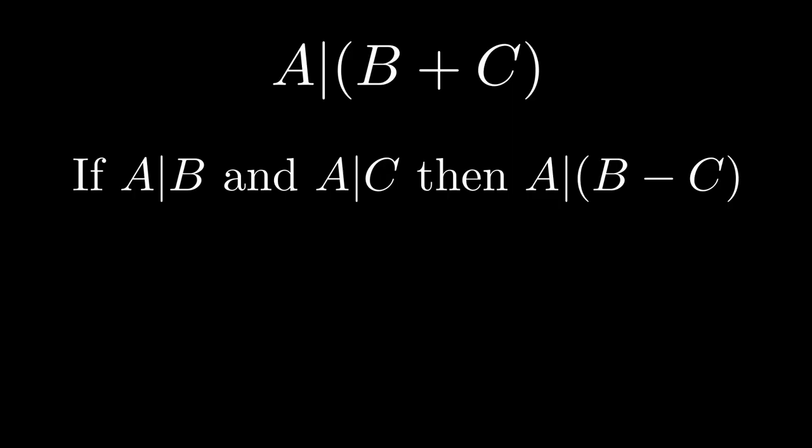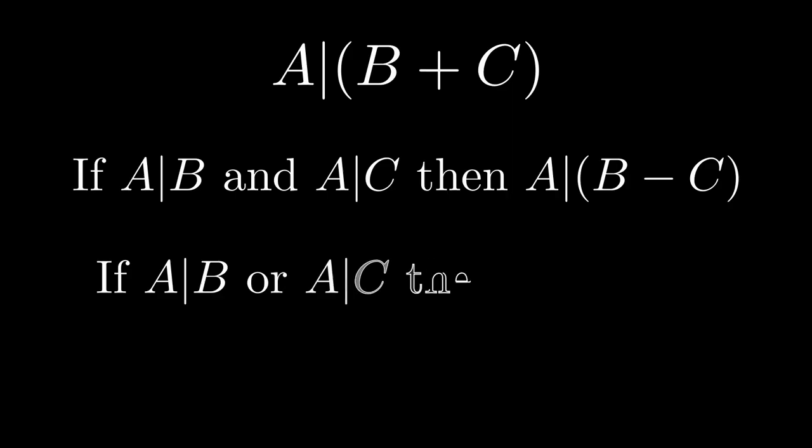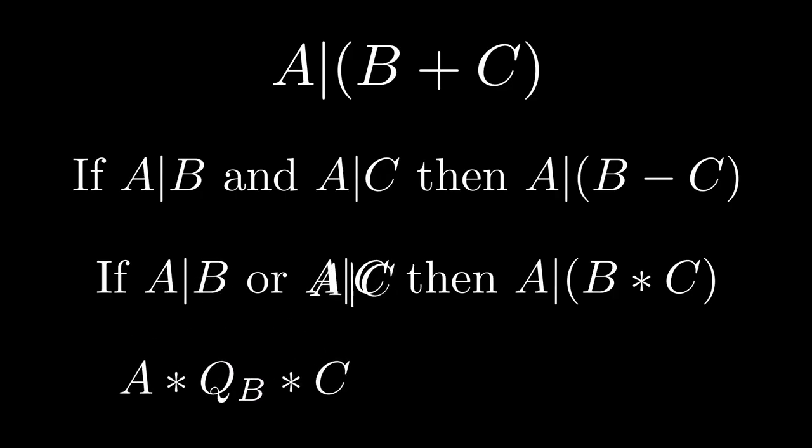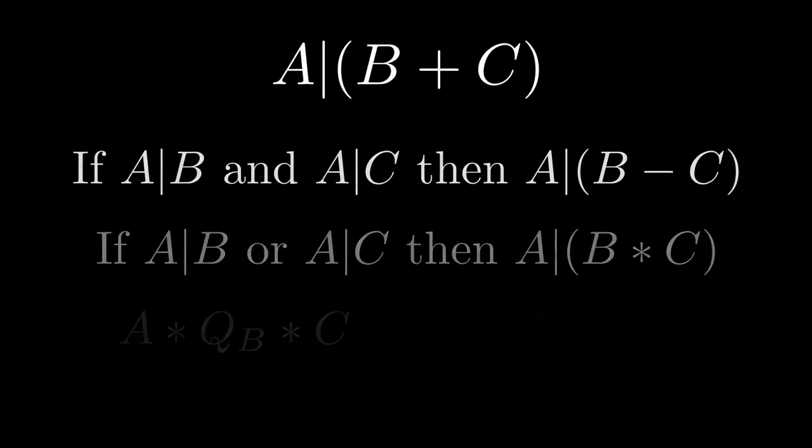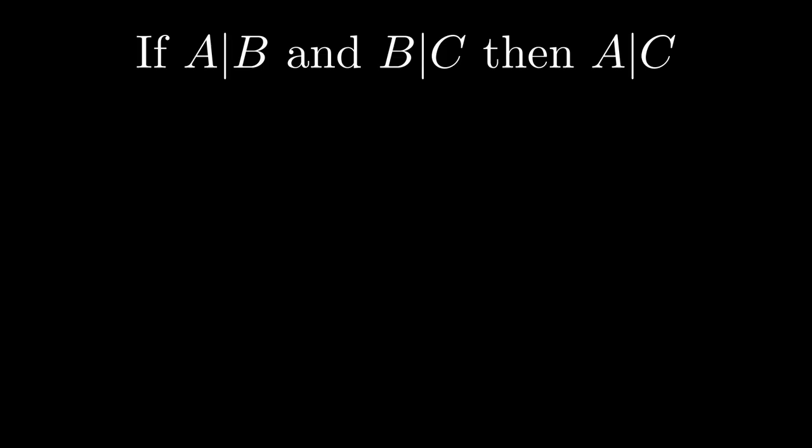We can even generalize a bit and say if a divides b or a divides c, then a must divide b times c, because once again, as long as one of the components has a factor of a, then the entire product must be divisible by a. Furthermore, we can also demonstrate the transitive property, where if a divides b and b divides c, then we know that a must also divide c.